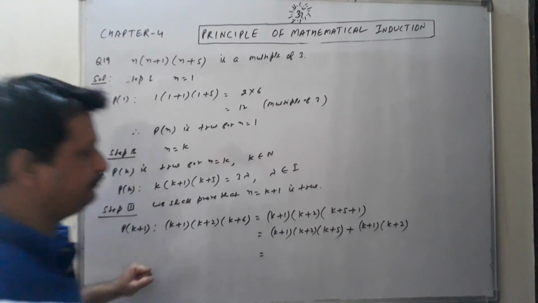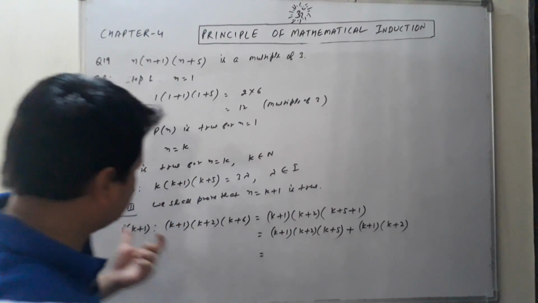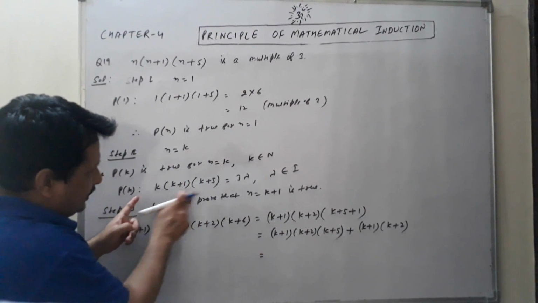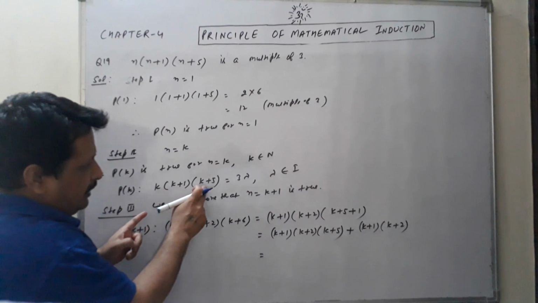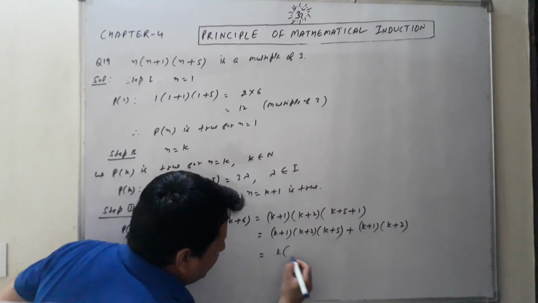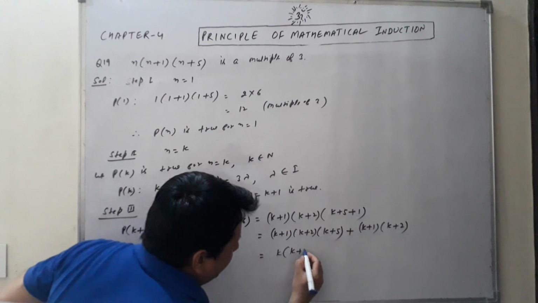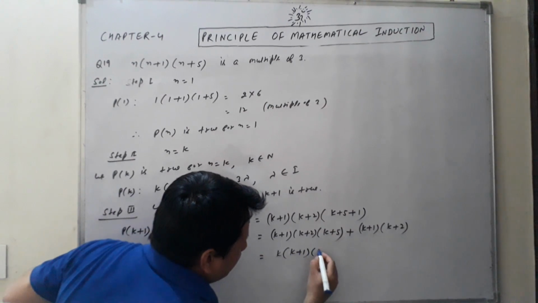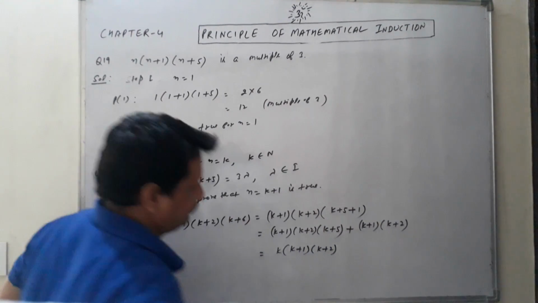So now what I am doing, actually I have to make this one here students, k into k plus 1 into k plus 5. So for that I will take this k outside, I will multiply it by k plus 1 into k plus 2.